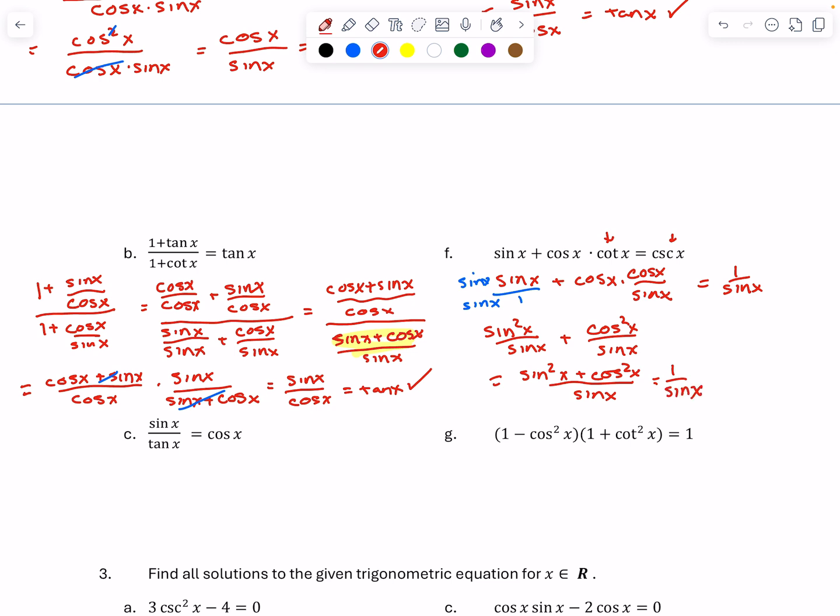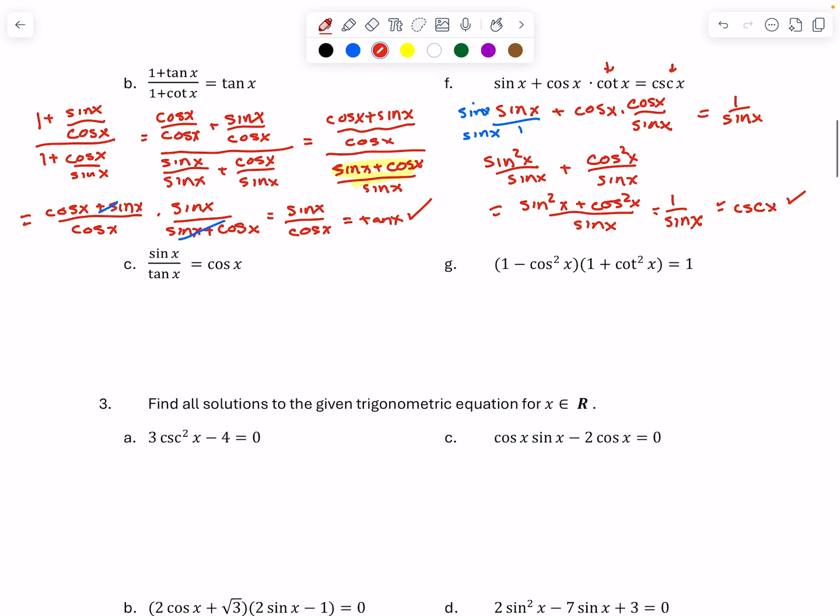Sine squared plus cosine squared is still 1. And it's equal to cosecant, so yay. All right, this one's shorter.